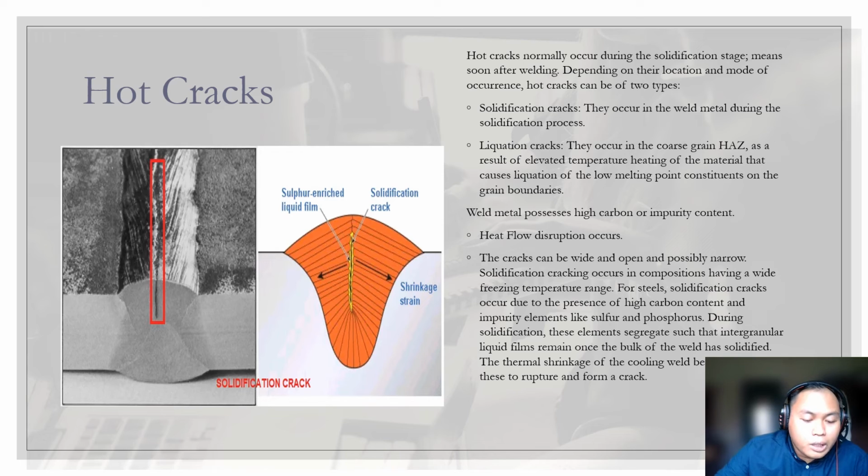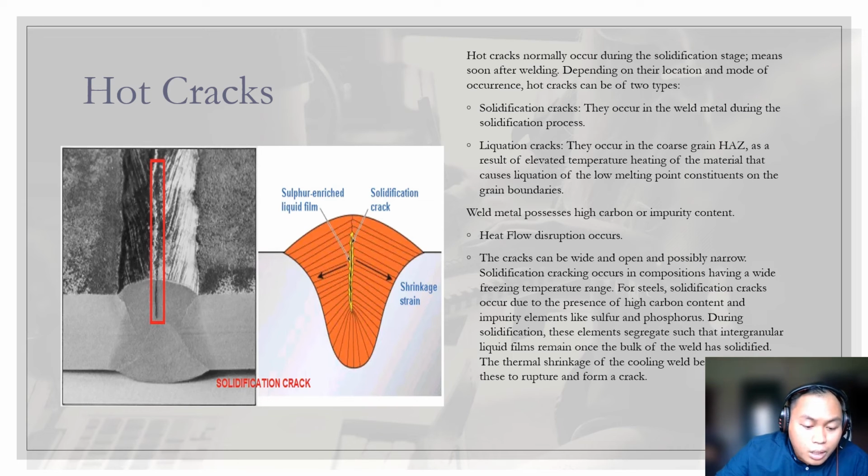Heat flow depression occurs. The crack can be wide and open or possibly narrow. Solidification cracks occur in compositions having a wide freezing temperature range. For steel, solidification cracks occur due to the process of high carbon content and impurity elements like sulfur and phosphorus.